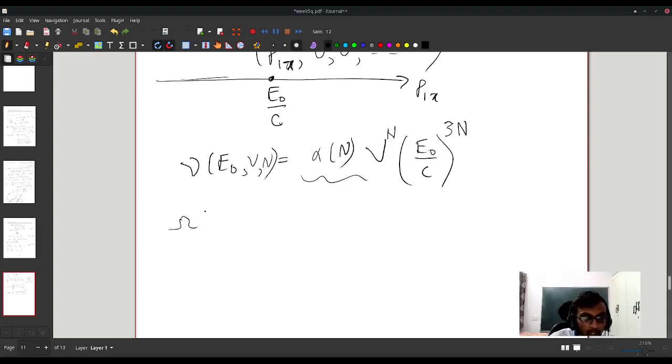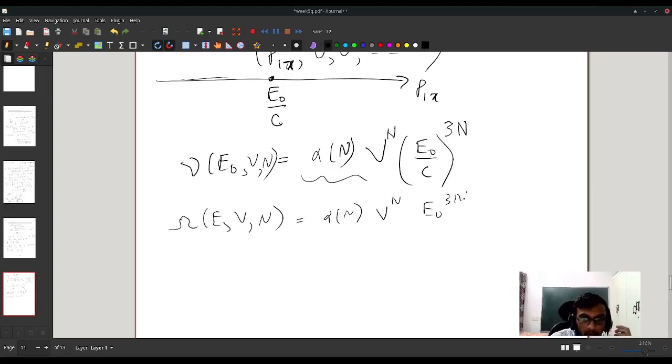The number of microstates can be gotten simply by dividing this with the appropriate full dimension.